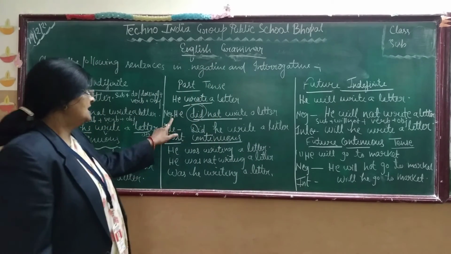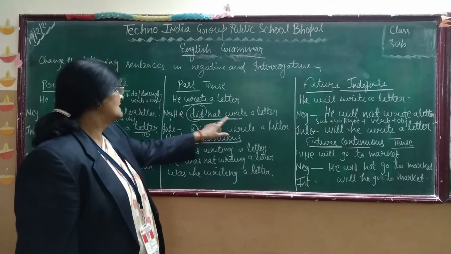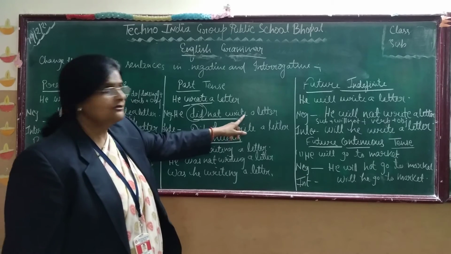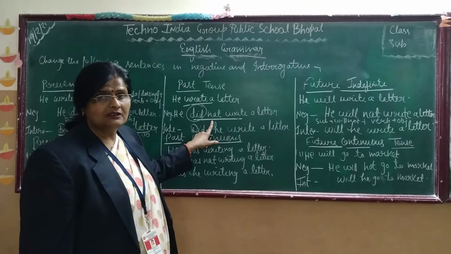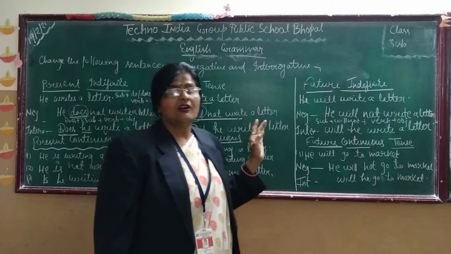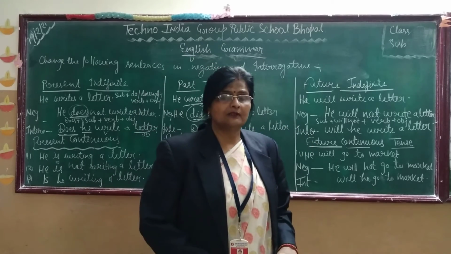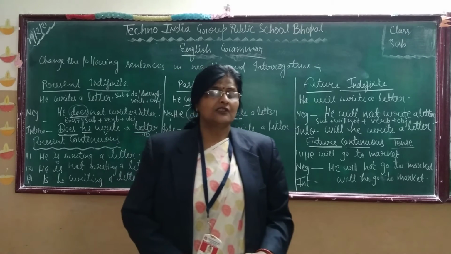Look here. I am changing this sentence into negative. He did not write a letter. Where are you using did? After the subject, we have to use did not, do not. So after helping verb, all these are the helping verb. Is, are, am, do, did, have, has, will, shall.